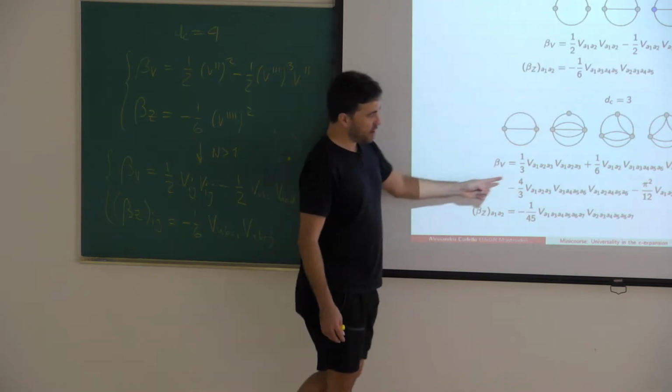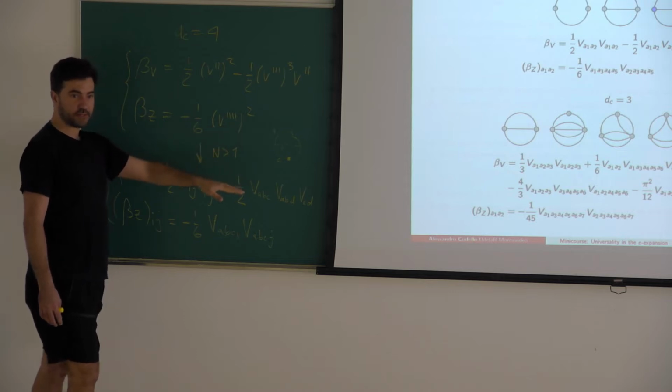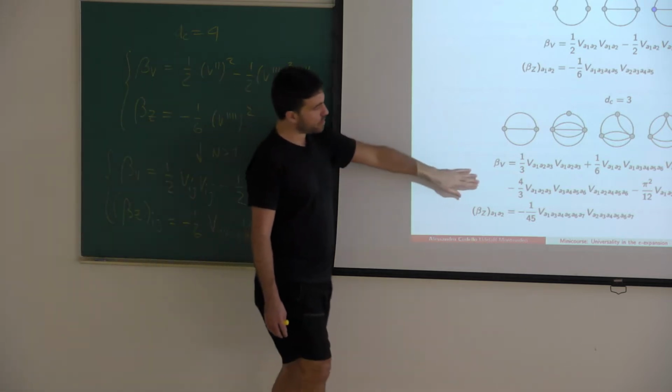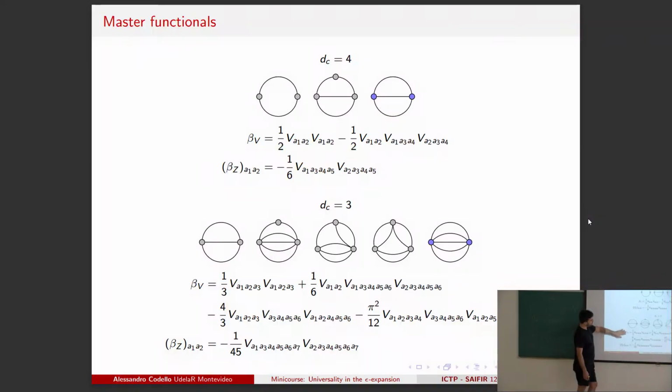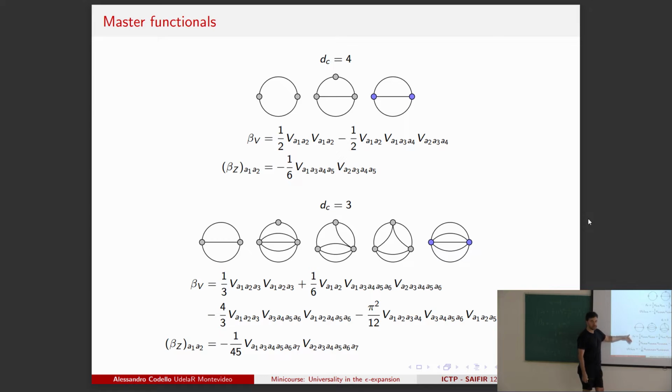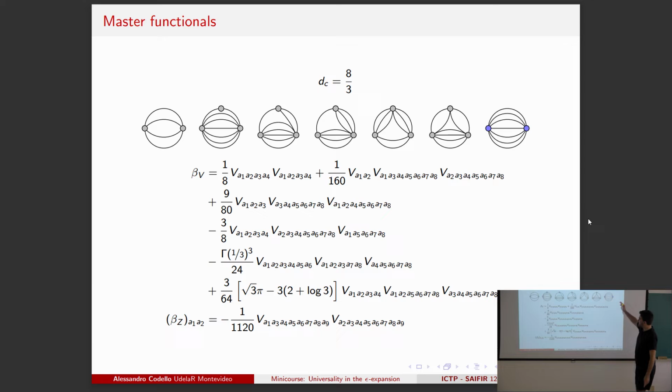And this idea of upgrading things works in all of them. So without work, we get the general beta functionals, which are our master functionals, for example, the critical 3. And you see these expressions are highly non-trivial. While this is a 2-loop contribution, these 4 terms are equivalent to 4-loop contributions. And also this one is a 4-loop contribution. So we can climb the ladder of contributions. And this is the tetracritical.